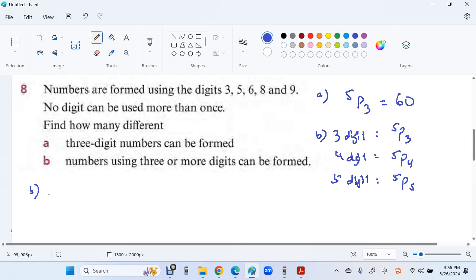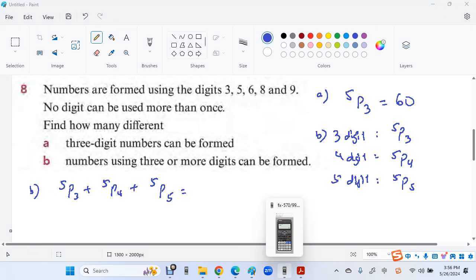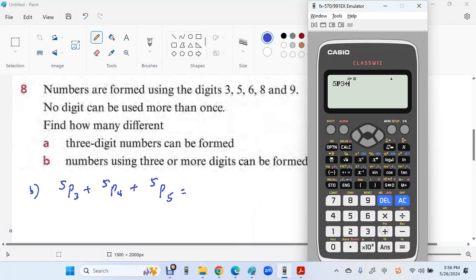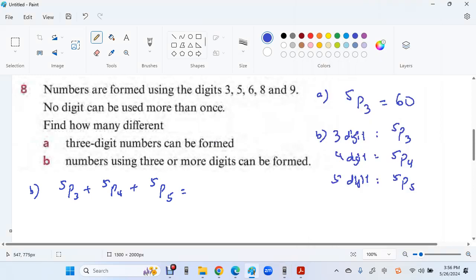So the B here will be 5P3 plus 5P4 plus 5P5. Then it is 300. Okay. Yes, it is 300.